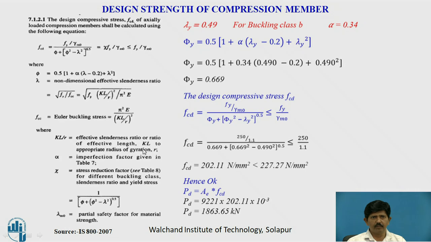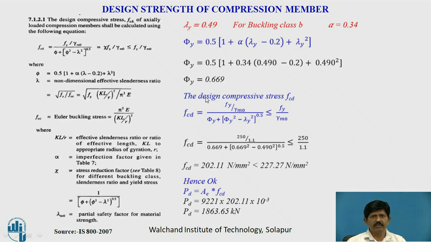The phi y formula is given in the same clause, 7.1.2.1. We know that the imperfection factor alpha is 0.34 and lambda y is 0.49. Putting these values, we get the phi y value as 0.669.